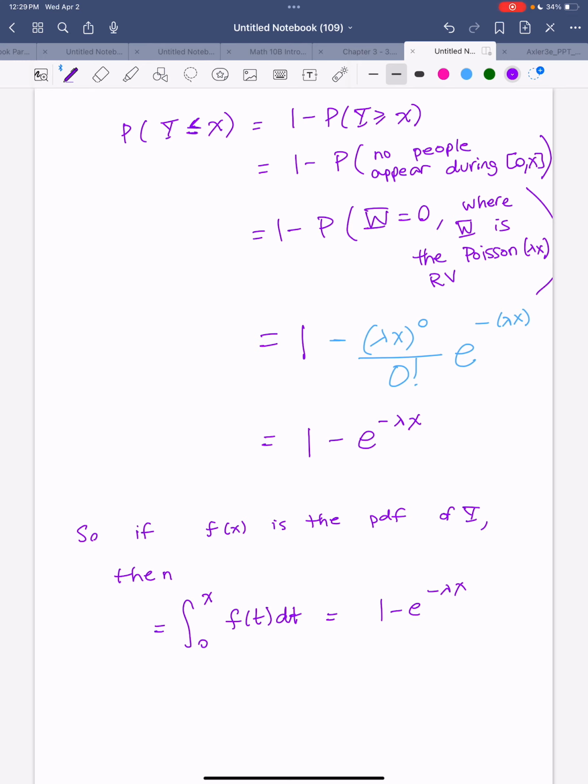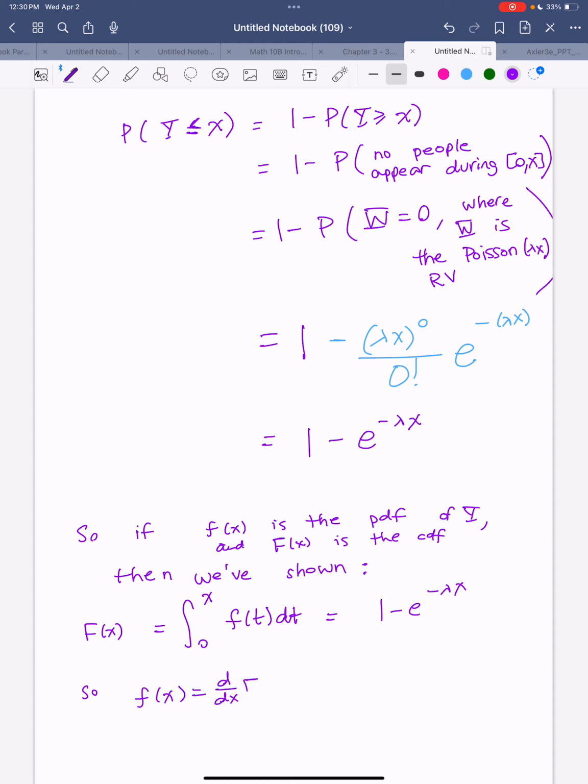right? And the notation we were using before, on Monday, was big F. So big F is the CDF. Then this is what we've shown so far. And we said that we can use the fundamental theorem of calculus to compute f of x.